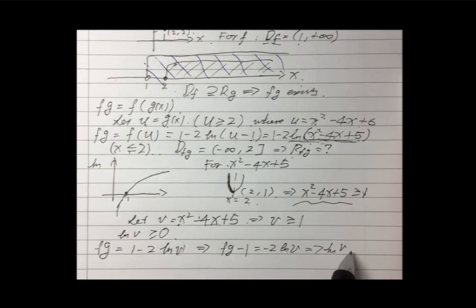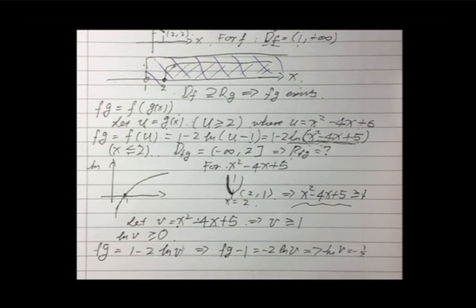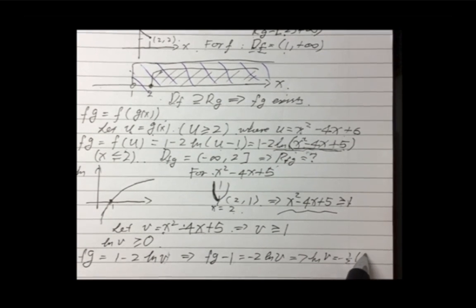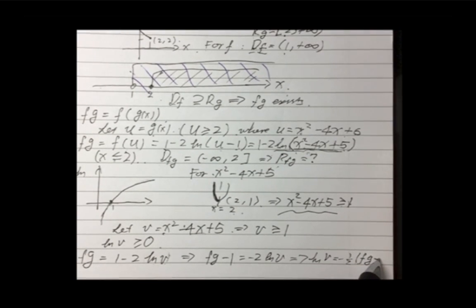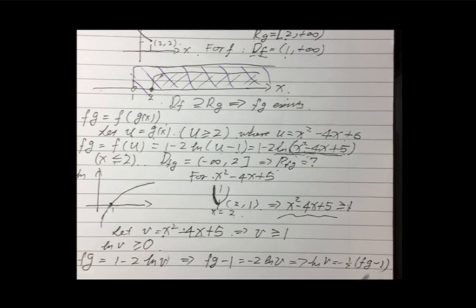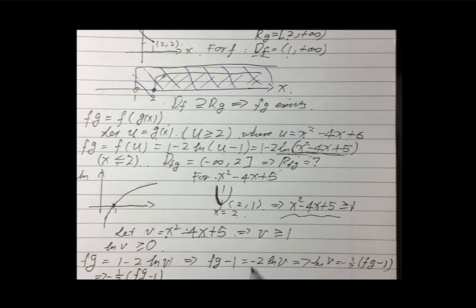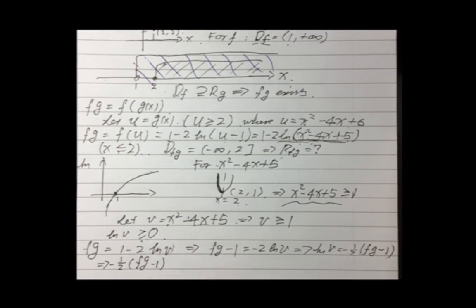So ln v will be equal to -1/2 times (fg minus 1) in this case, right? And this whole thing, -1/2 (fg minus 1), must be greater than or equal to 0.